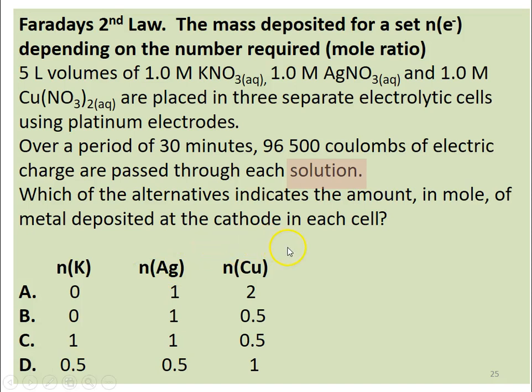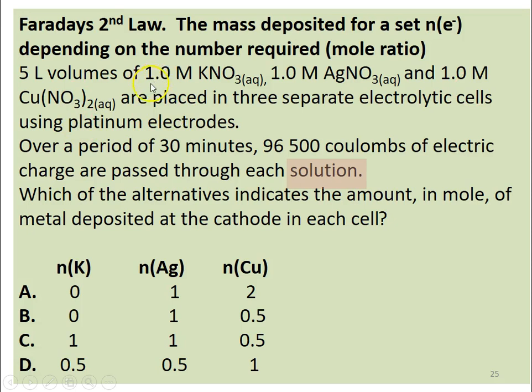Alright, this is another exam question. So the mass deposited for a set number of electrons depends on the number of mole required, so Faraday's second law. So we've got 5 litre volumes of 1 molar potassium nitrate, 1 molar silver nitrate and 1 molar copper nitrate.